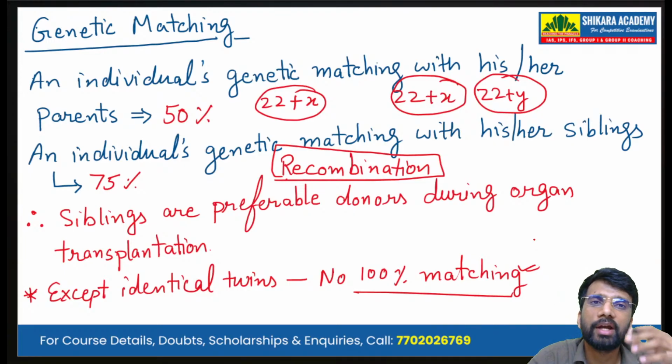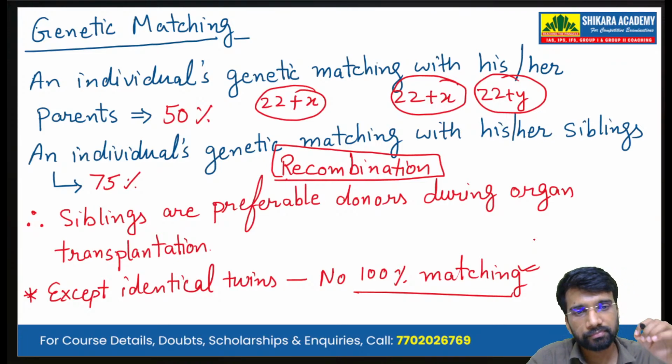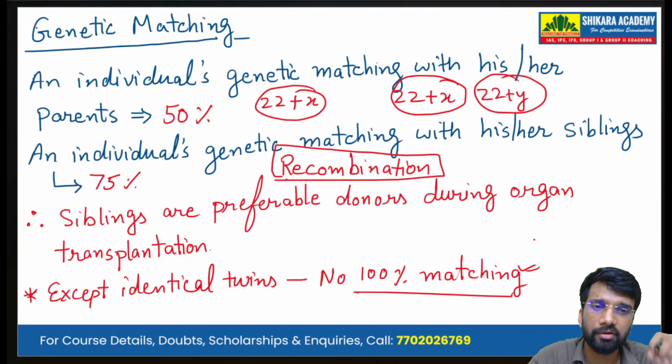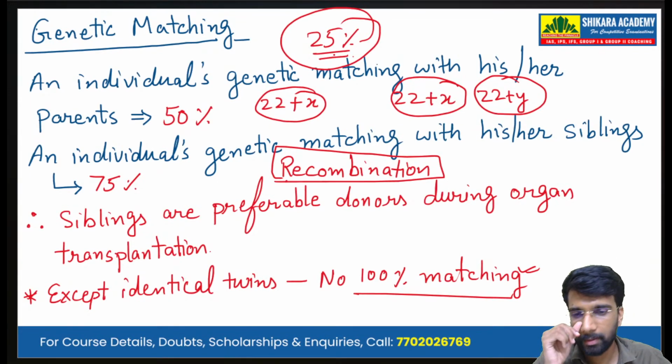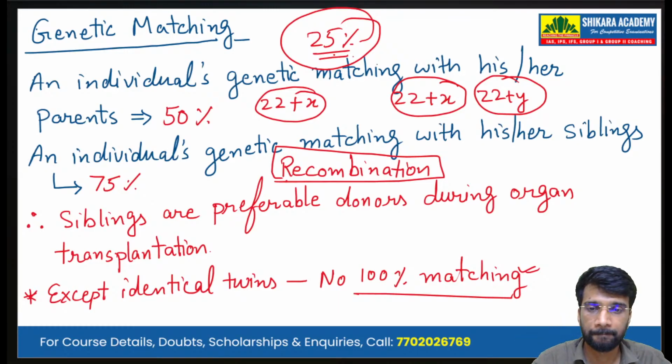Now, what do you think the genetic matching with our grandparents will be? An individual's genetic matching with his or her grandparents will be around 25%. Please make note of it.